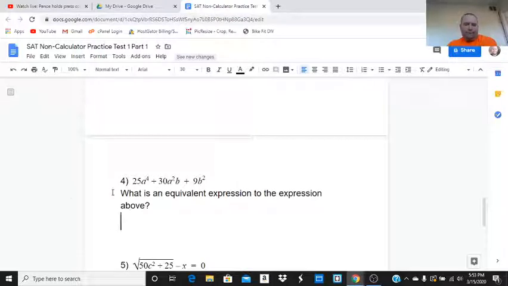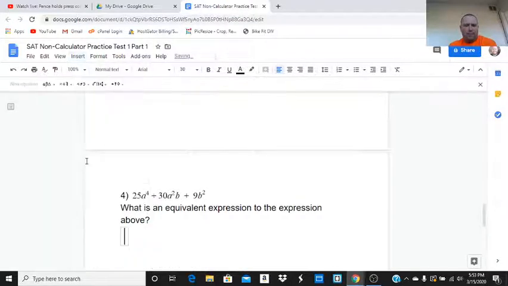Let's look at this expression. So we have 25a to the fourth plus 30a squared b plus 9b squared. And we want to find an equivalent expression to the expression above. All right, so this follows a certain format with a perfect square trinomial. And I'll show you the format it follows.